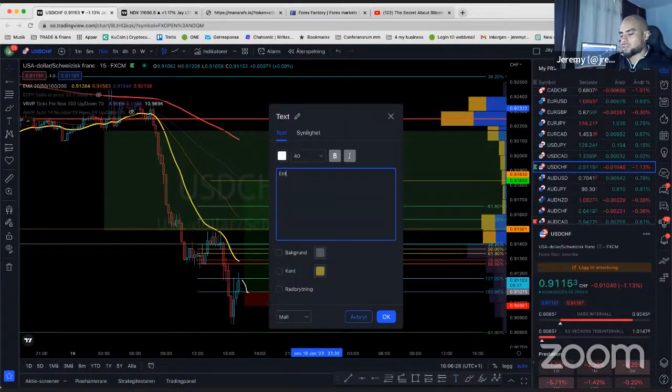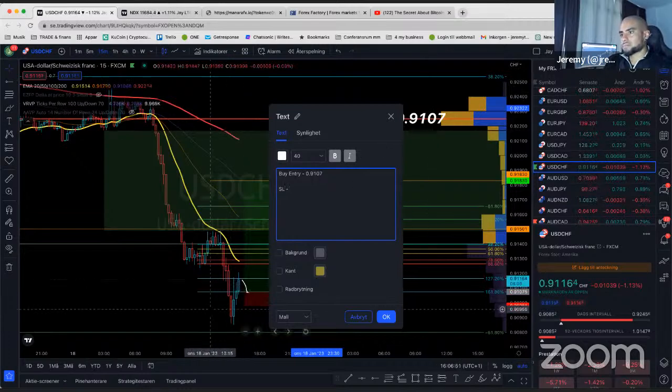So, buy entry 0.9107, all right. SL at 0.9098, like that.